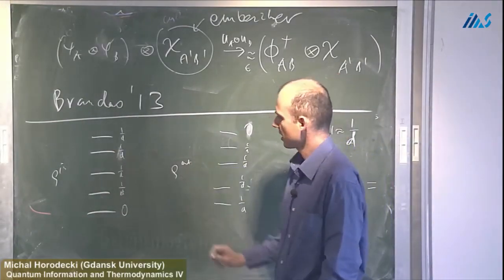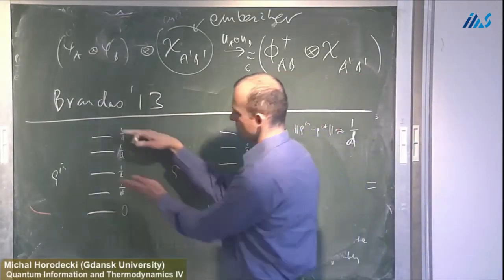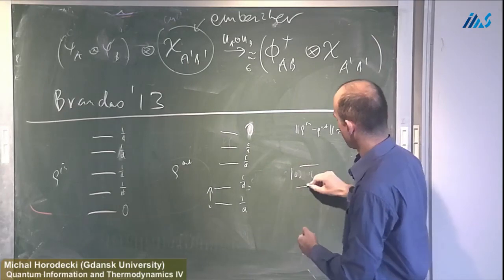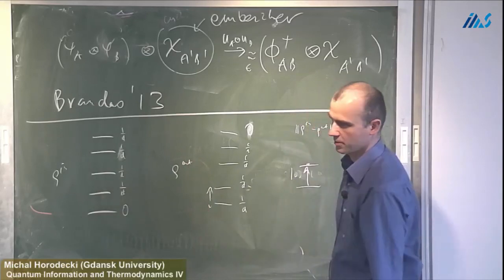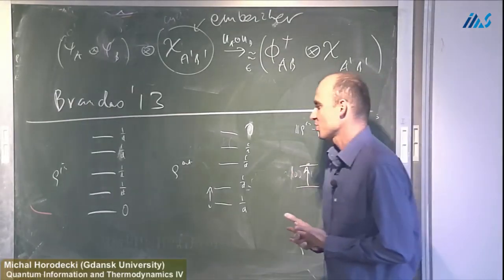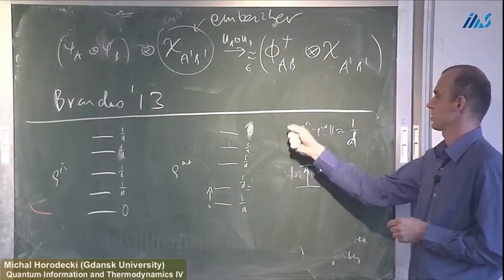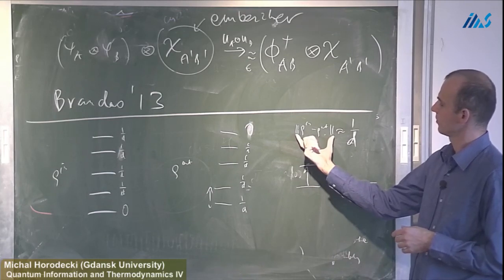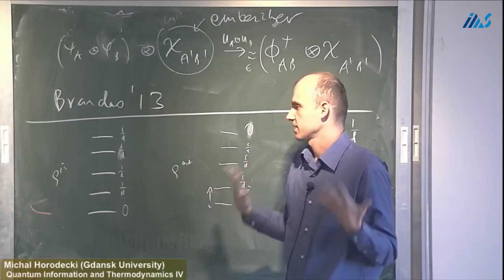But now you see, going from here to there, you clearly get this amount of pure energy. You can take this system and a two-level system, lower this and raise the other. So already here you see that you shouldn't use such a distance to measure error, using standard distance, fidelity or whatever.